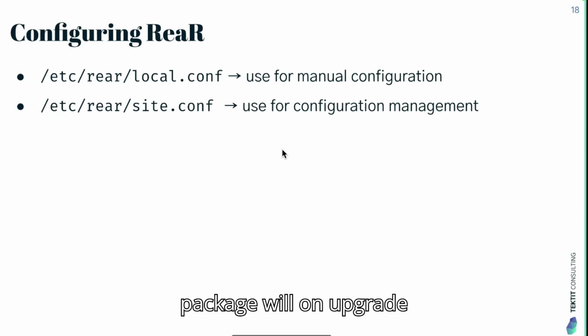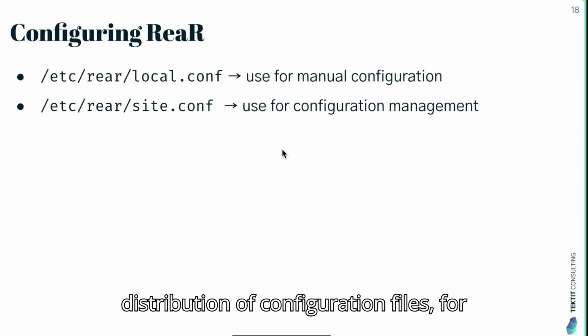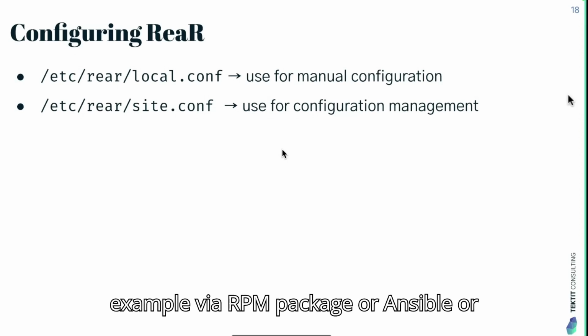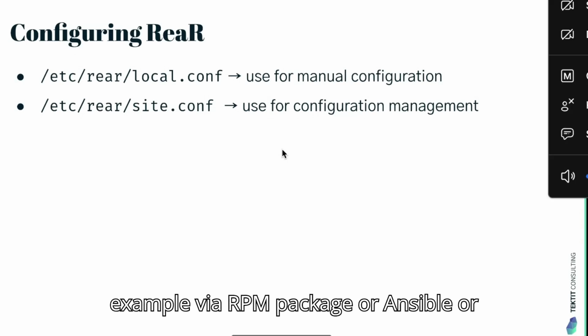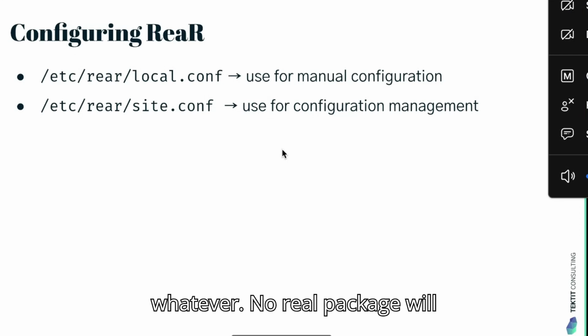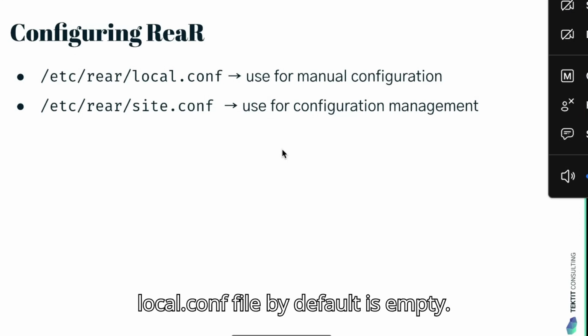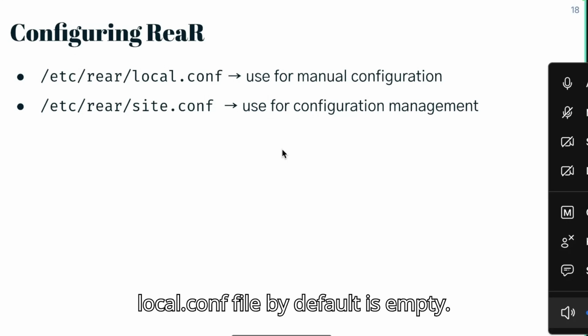A ReaR package will, on upgrade, respect that. Please use site.conf for automated distribution of configuration files, for example, via RPM package or Ansible or whatever. No ReaR package will ever ship a site.conf file, and the local.conf file by default is empty.